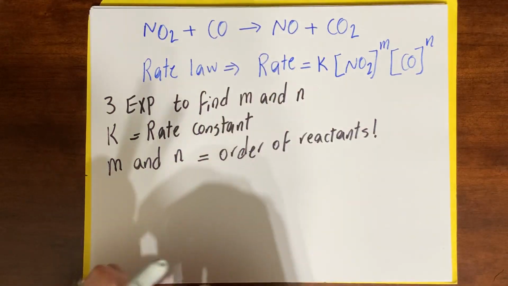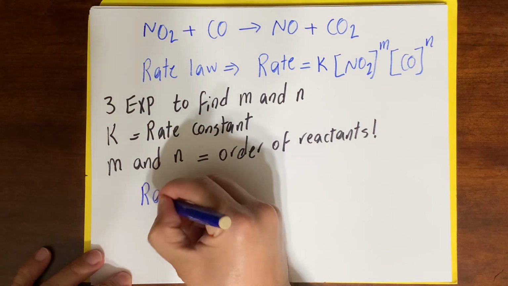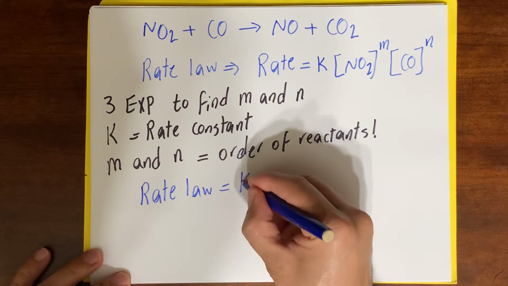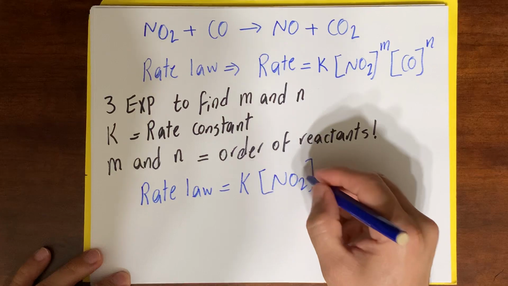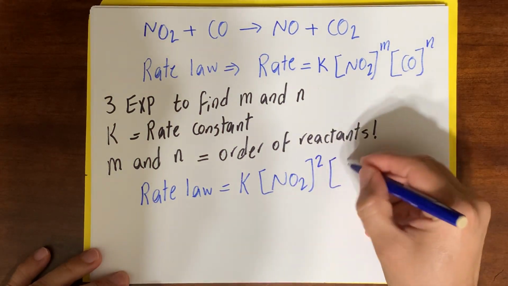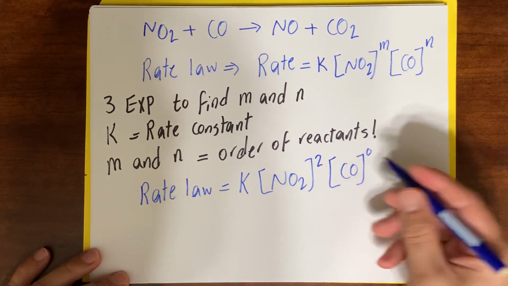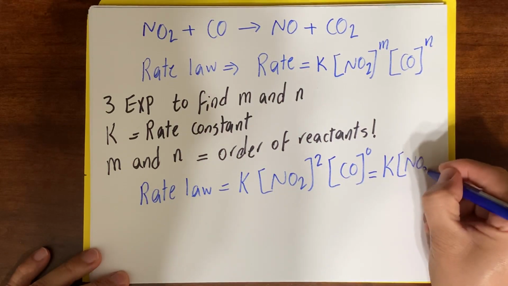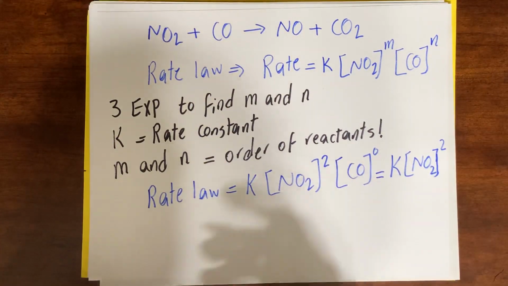For this specific reaction, the rate law is equal to K multiply NO2 with exponent equal to 2, and CO to the 0. So technically you can ignore this one and simply say K multiply NO2 to the second.